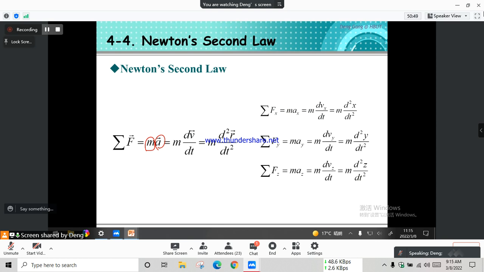Because when you want to measure your mass on the surface of the Earth, we have certain equipment, right? It is not based on this equation, because we know on the surface of the Earth the mass is proportional to the weight, right? So actually we are measuring the weight.